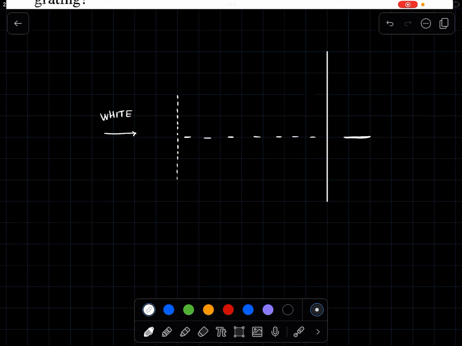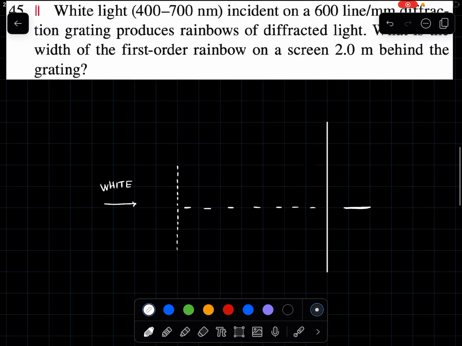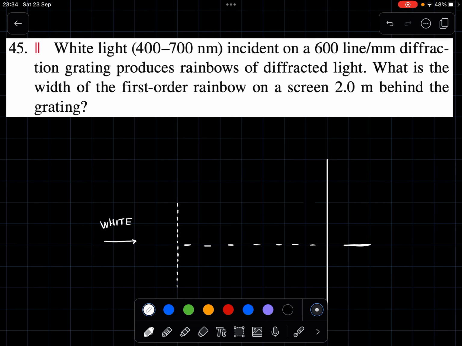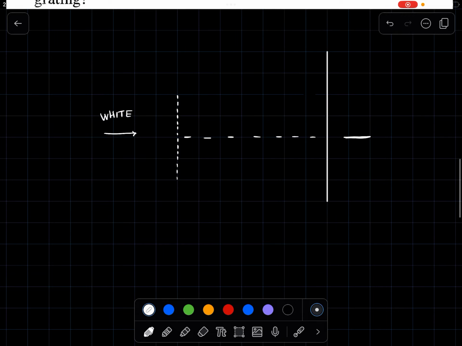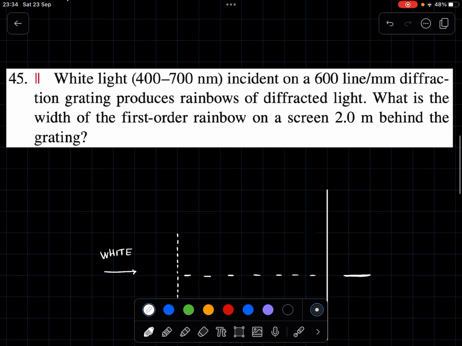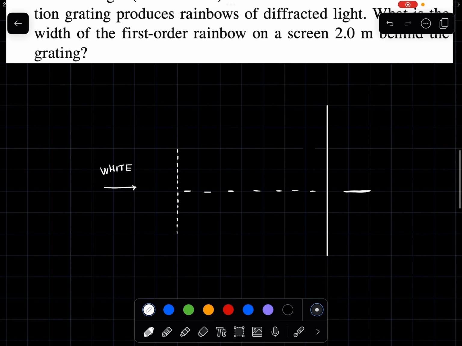So the angle of that diffracted light will depend on the wavelength of that light. Our wavelengths range from 400 nanometers to 700 nanometers.